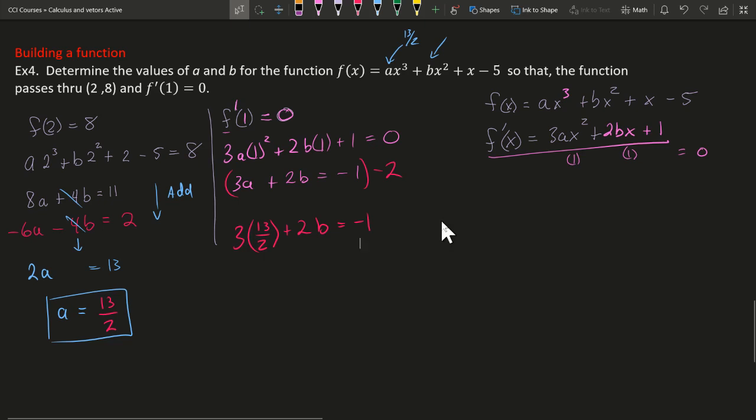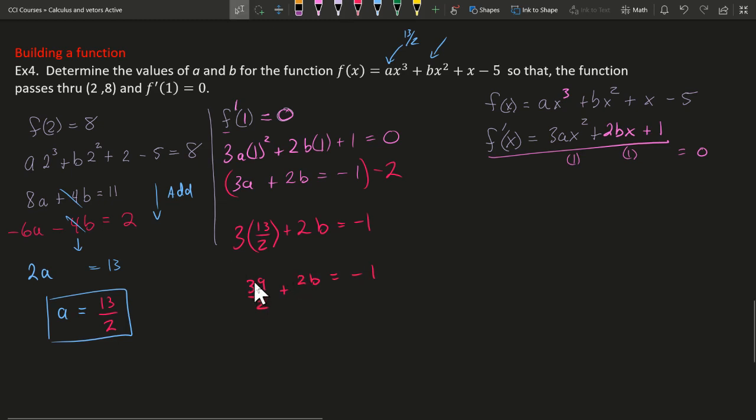Right? I guess I'm going to have to do some math here. What is this? 3 times 13. 3 times 13 is 39. Yeah, 39 over 2. 39 over 2 plus 2b equals a negative 1.